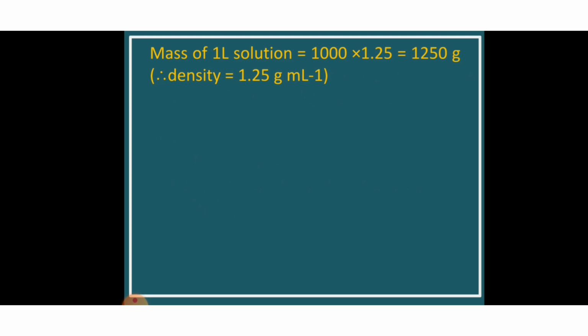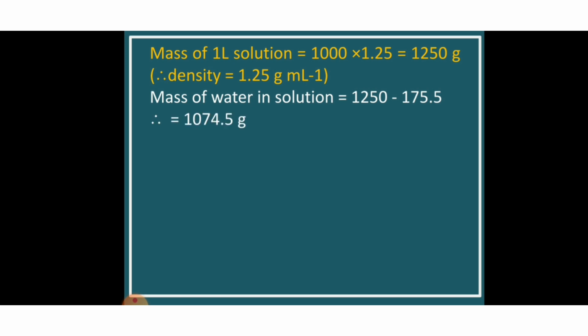Then mass of 1 liter of solution is equal to 1000 into 1.25, which is equal to 1250 gram. Here density is equal to 1.25. Mass of water in solution is equal to 1250 minus 175.5, which is equal to 1074.5 gram.